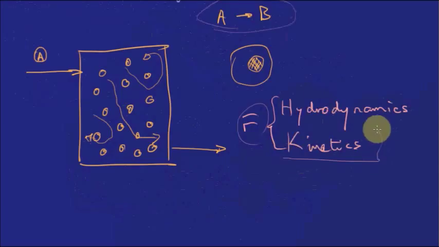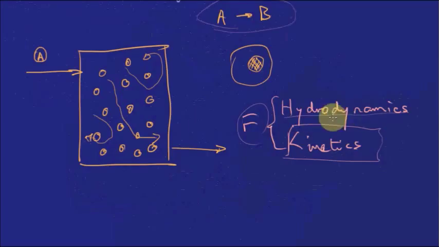Now, kinetics is already fairly well defined, so you will by now in this course have seen enough of how you can get to a reaction rate expression and so on, so we assume that's well taken care of. And we're going to focus now on hydrodynamics. So how does the fluid flow through the space? How does this connect with our understanding of perfect mixing and plug flow and these other types of hydrodynamics that we've encountered so far in the course?